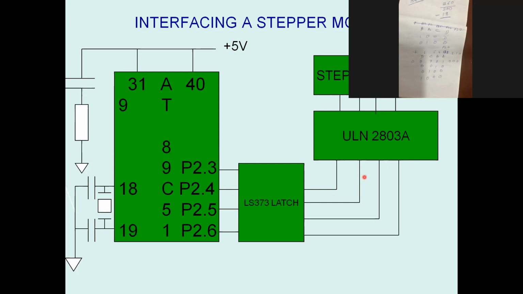Or you can say like 88. What will be the binary? 1, 0, 0, 0, 1, 0, 0, 0. So which coil is energized? P2.7 and P2.3. A coil will be energized. P2.7 is not connected, so there is no question of it being energized.